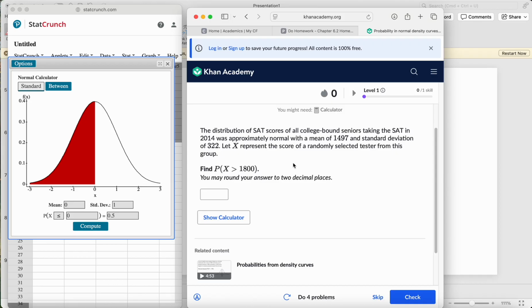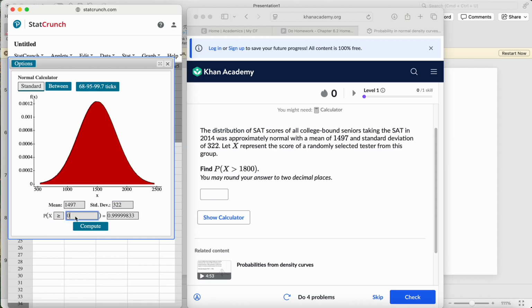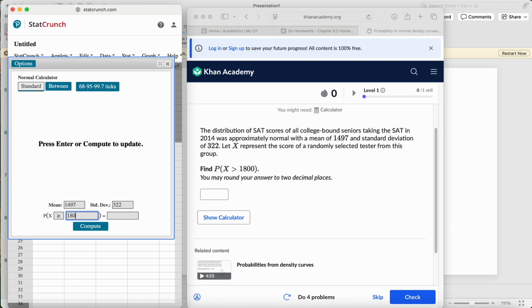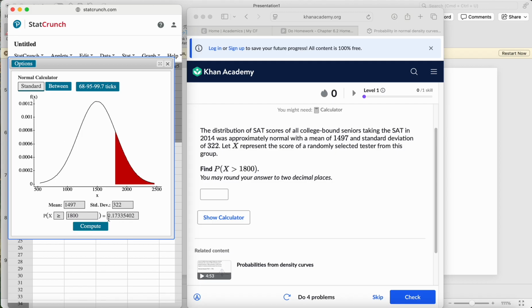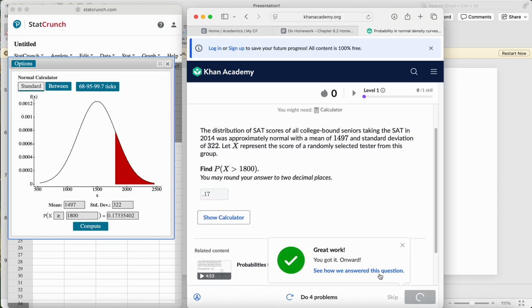Really just to see other questions that are more interesting, that have more, I want to say ugly real-life numbers, but I've got a SAT score with a mean of 1497 and a standard deviation of 322, and I want, and it's even written right there, greater than a score of 1800, and there it is, 0.1733 or 0.17, because they only want it to 2 decimal places, and there we go.